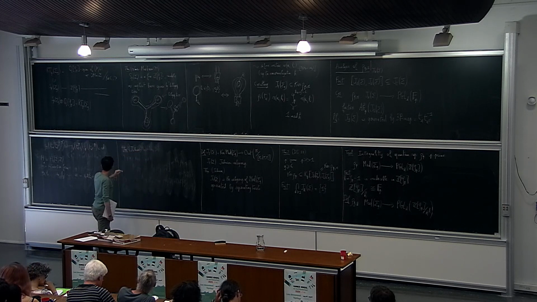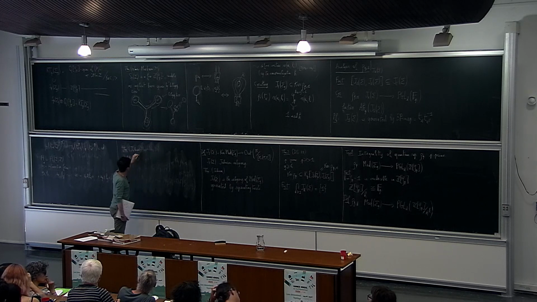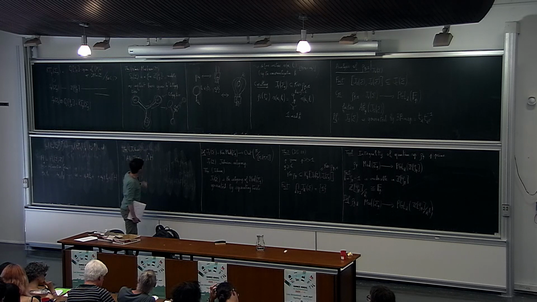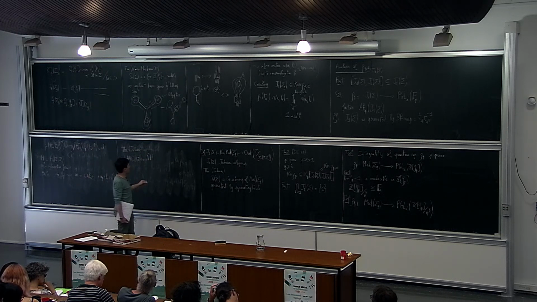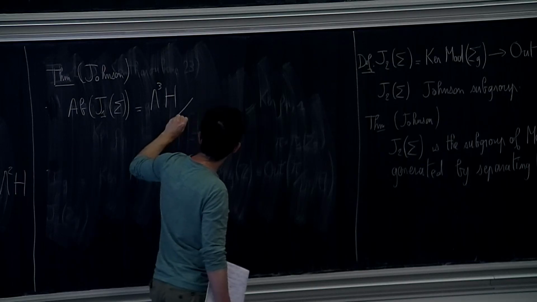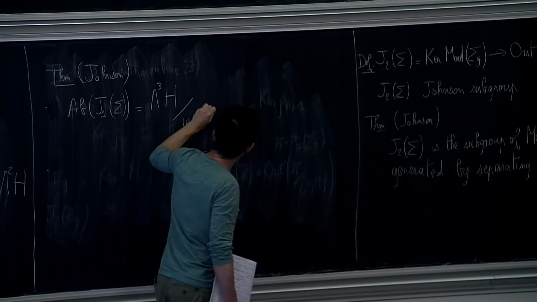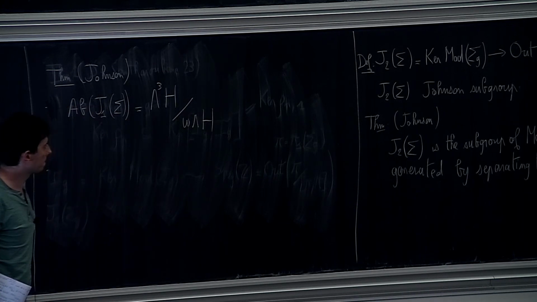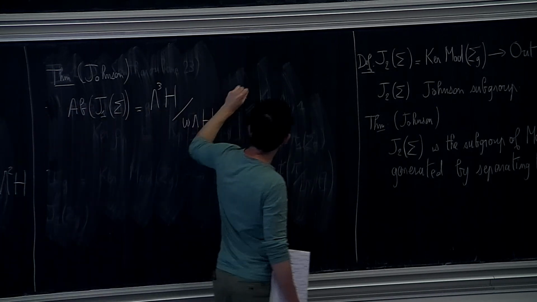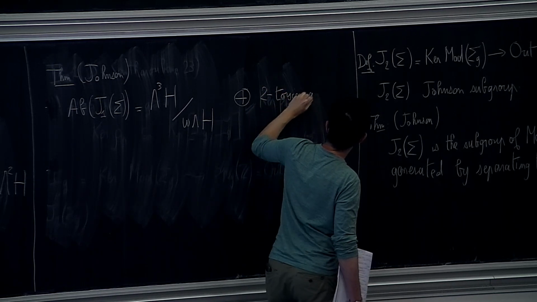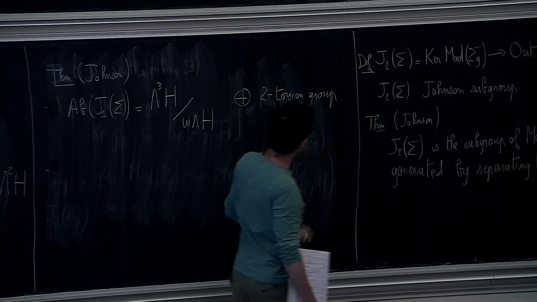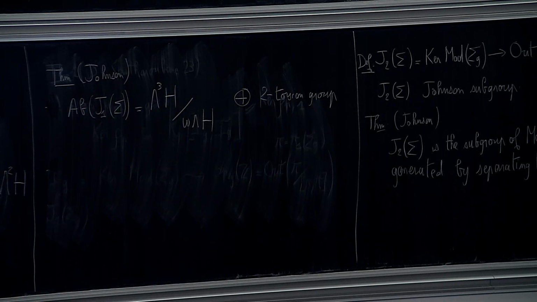We have that the abelianization of J1 of sigma is the same as lambda 3 of H, which is what we were getting for the surface with boundary. Now we have to mod out by omega wedge H, and plus a 2-torsion group, which is really finitely generated because J1 is finitely generated.